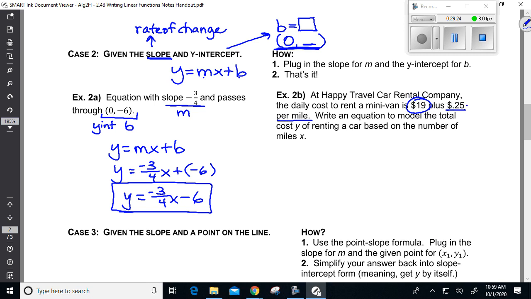So 25 cents is a rate of change, because that's going to change. Obviously, if you drive 5 miles, you're going to pay less money than someone who drives 500 miles. So 25 cents is your rate of change. That's your slope. That's M.